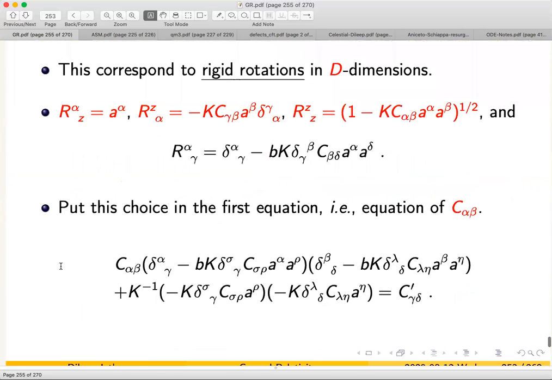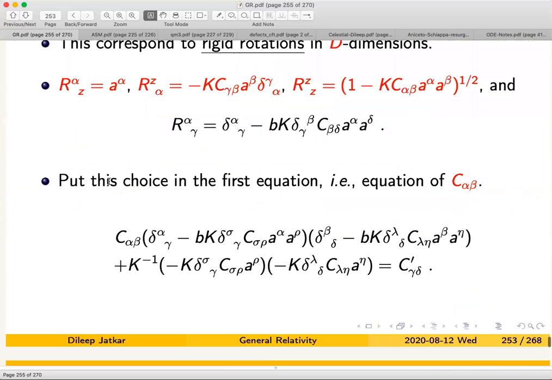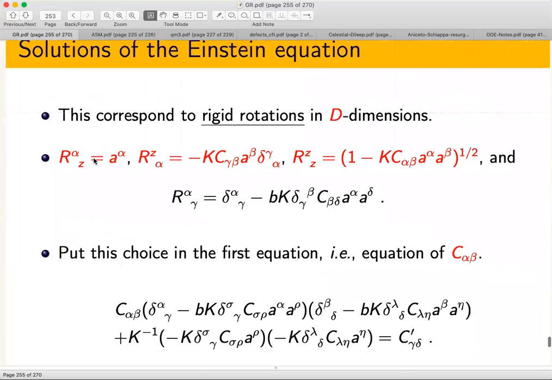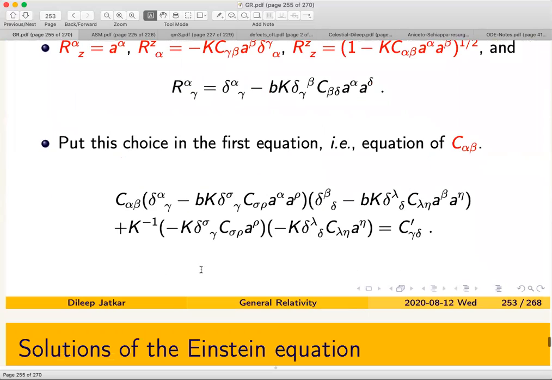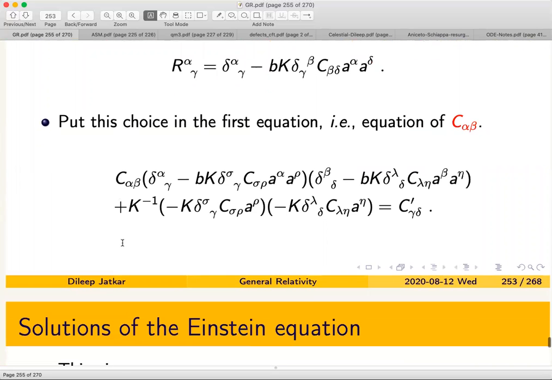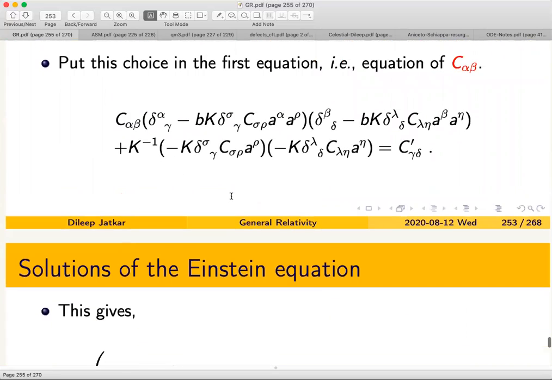Now suppose you put this choice back into these equations that we had written down. You get a bunch of equations for C alpha beta. You can massage these equations. You can see that there exist terms which involve two A's. So look at the product of this expression.